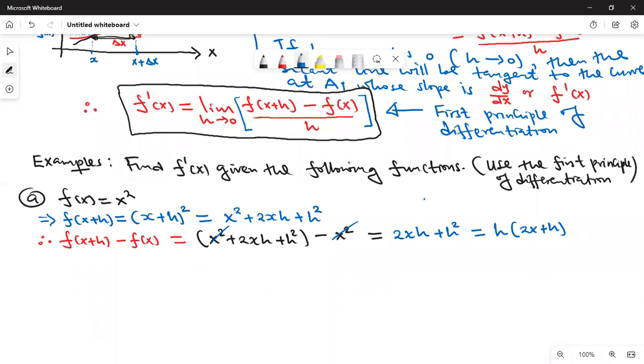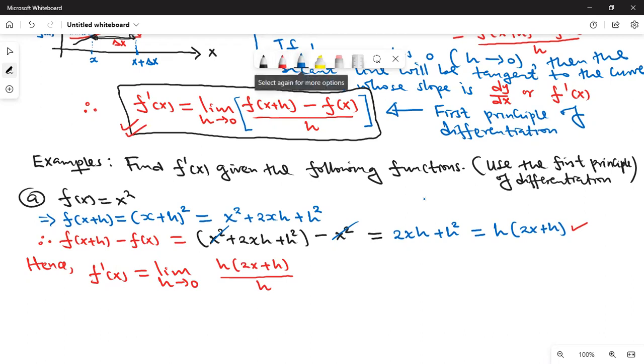So therefore, by the first principle, hence f prime of x is equal to the limit as h approaches 0 of f of x plus h minus f of x, which we have found to be h into 2x plus h, over h.